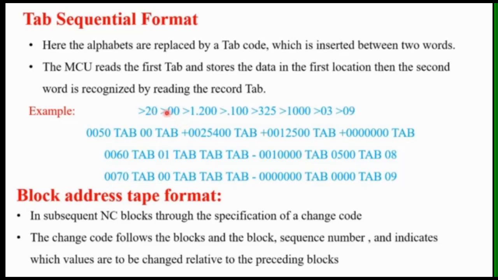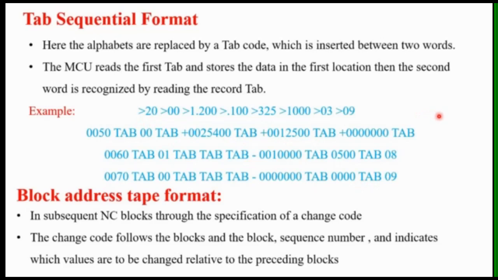The MCU reads the first tab and stores the data in the first location. Then the second word is recognized by reading the second tab. An example of the tab sequential format is shown here. So these are the tab sequences used.